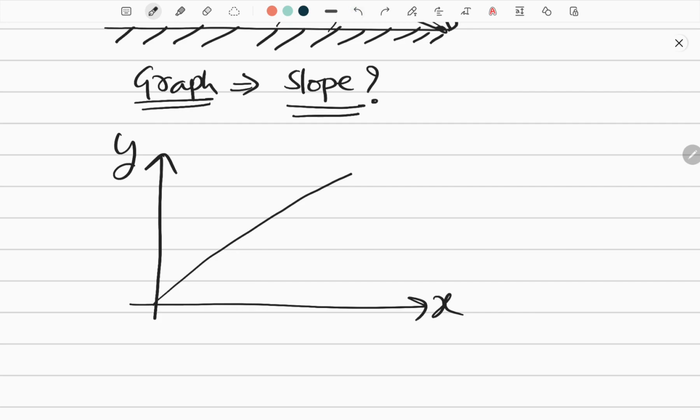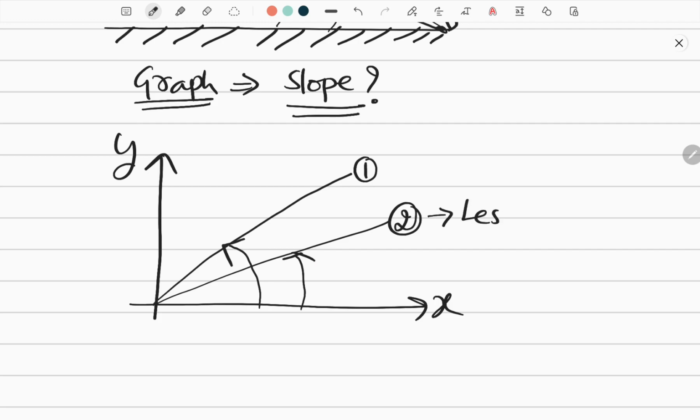I have shown two graphs here, first graph and second graph. Which is having more slope? Look at the first graph, its angle is more, and in the second graph this angle is less, so this is having less slope, and the first graph is having more slope. Already I have explained that.